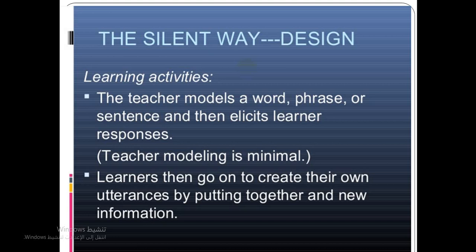The teacher models a word, phrase, or sentence, and then elicits learner responses. The teacher can use charts, rods, and other aids. These activities help the teacher to elicit learner responses. Also, the teacher modeling is minimal, although much of these activities may be teacher directed.